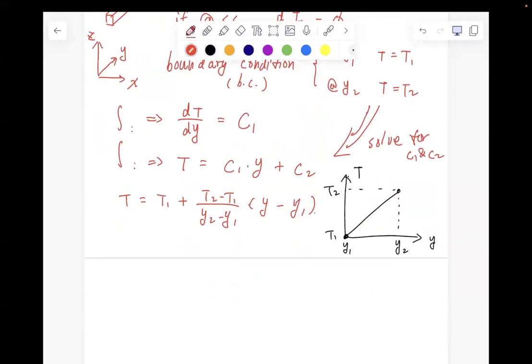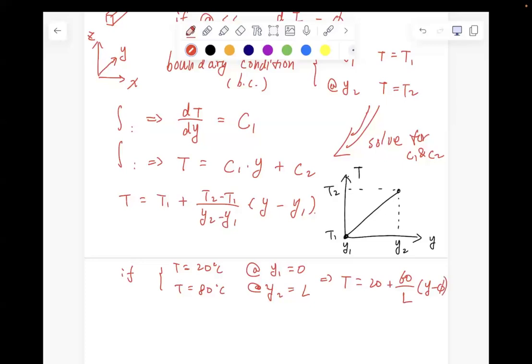And then of course, if you have numbers, say T equals 20C at Y1 equal to 0, T equals 80C at Y equals, let's say, L, then what you get is T equals 20, that's T1, plus 60, that's T2 minus T1, over L, times Y minus 0, that's the actual Y, because Y1 equals 0.